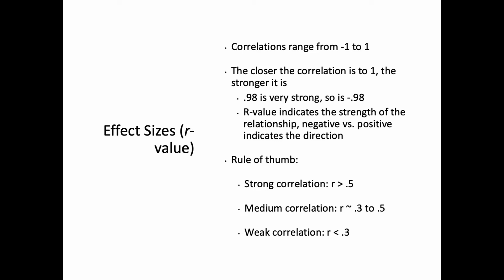The rule of thumb for the r value is that if your r is greater than 0.5, that will be a strong correlation. If your r is between 0.3 and 0.5, that's medium. And if it's less than 0.3, that will be a weak correlation. There might be, in some cases, strong correlations. For example, the last time I found that the correlation between depression and anxiety in my research participants was 0.6.